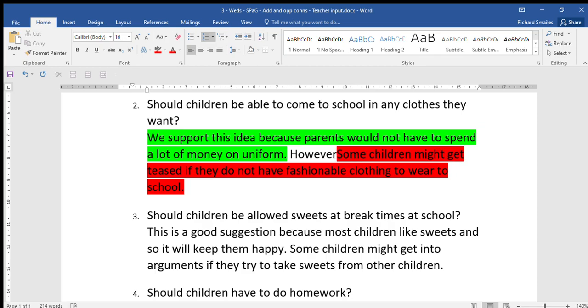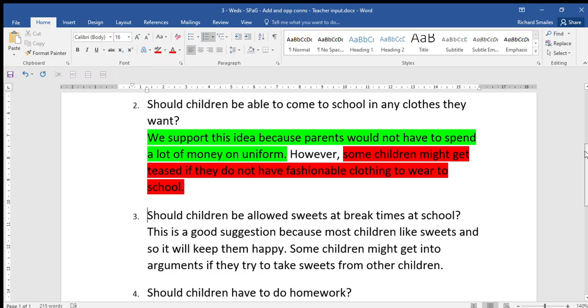So however, comma, and then we need to make that a lowercase. So, however, some children might get teased if they do not have fashionable clothing to wear to school. So that's example number 2.